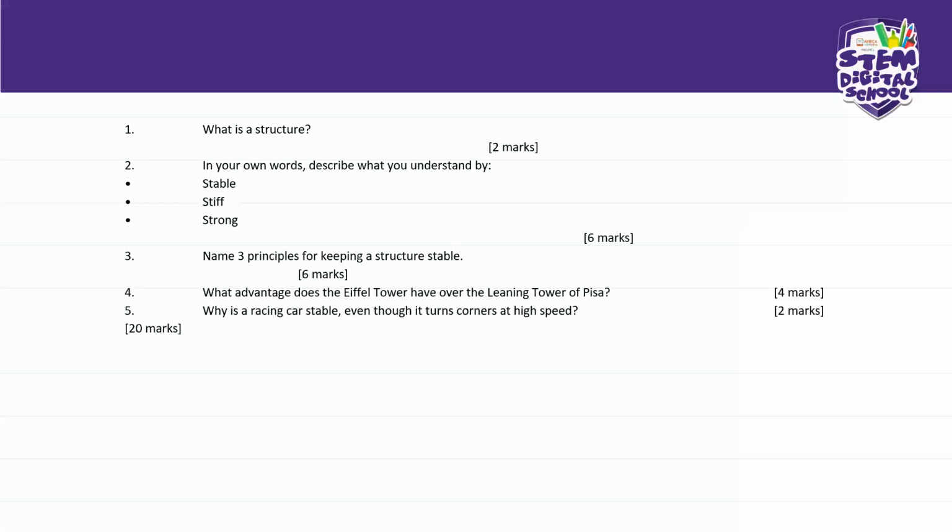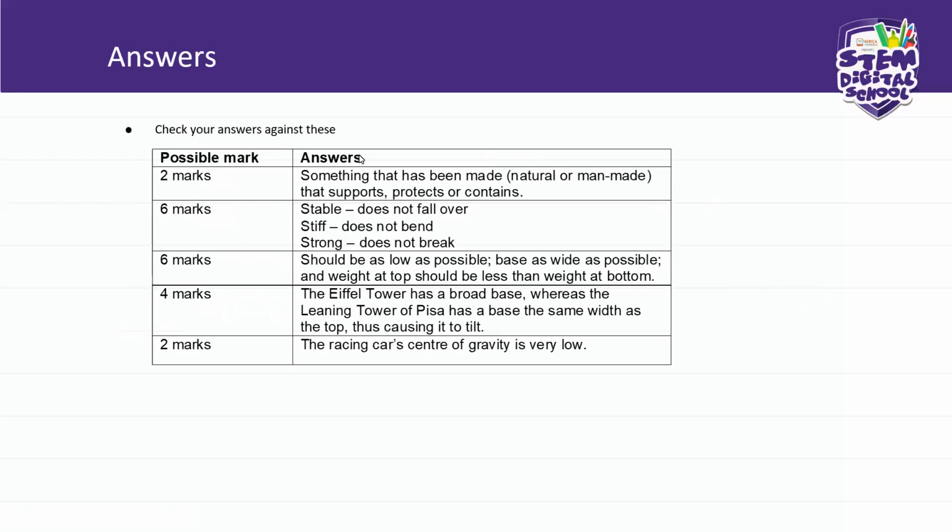Name 3 principles for keeping a structure stable. And what advantage does the Eiffel Tower have over the Leaning Tower of Pisa? Okay, right. Let us look at your answers.